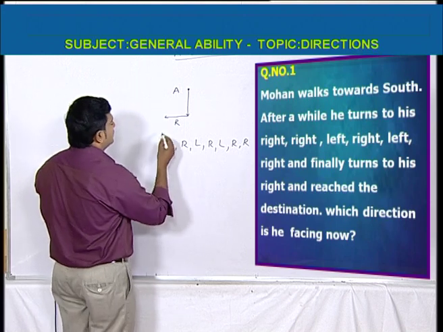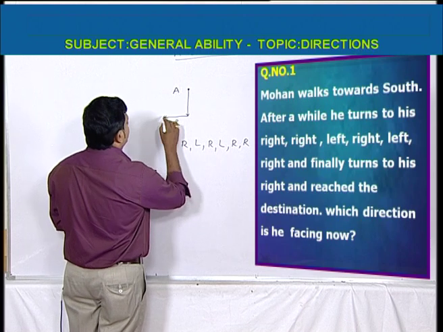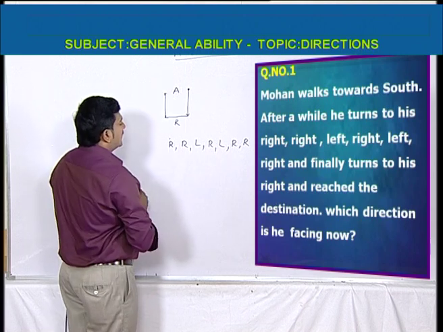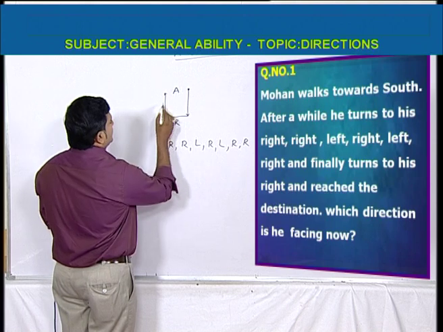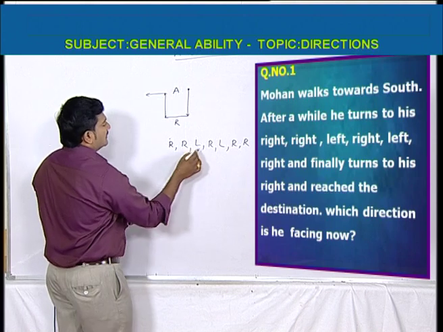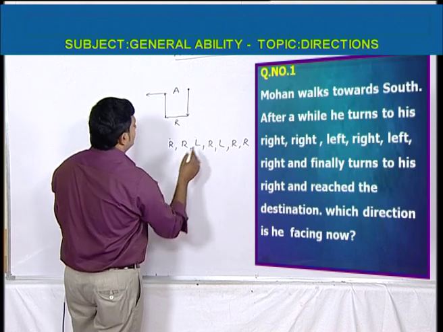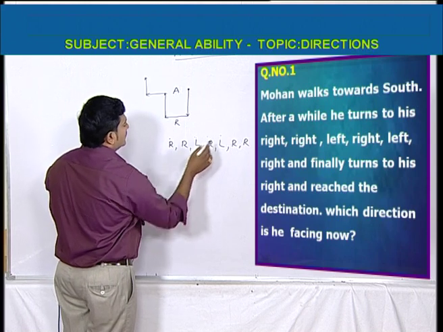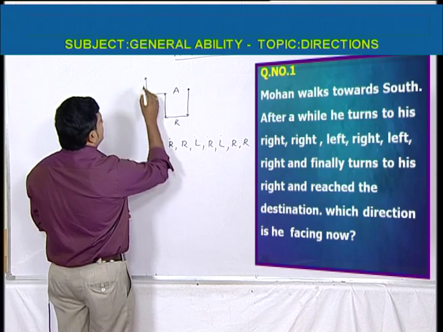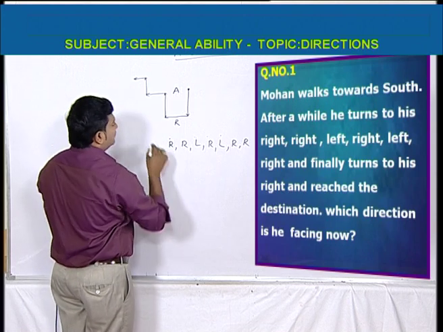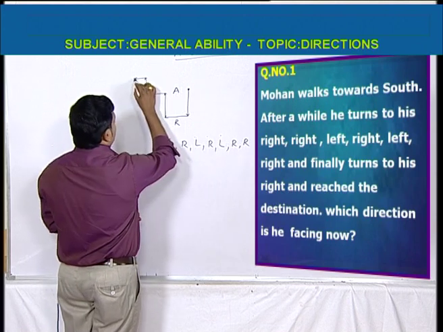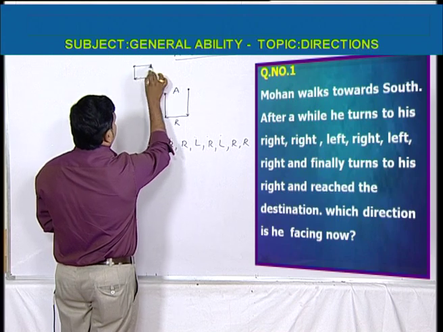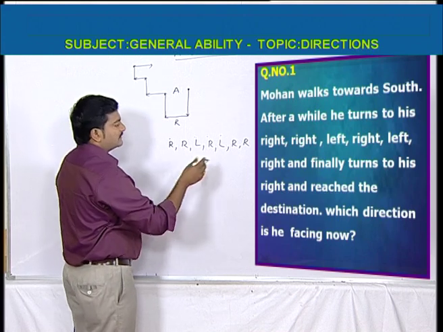Next, again we apply the right direction, and again he gives left direction, then again right, again left, then right, and finally right. These are the lefts and rights given.